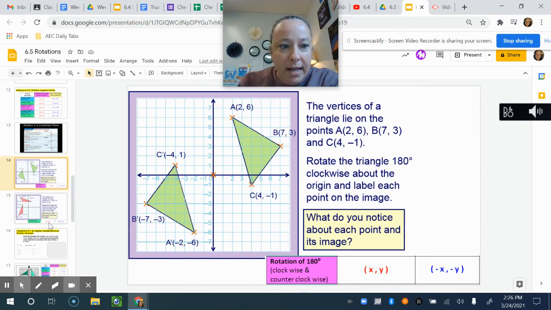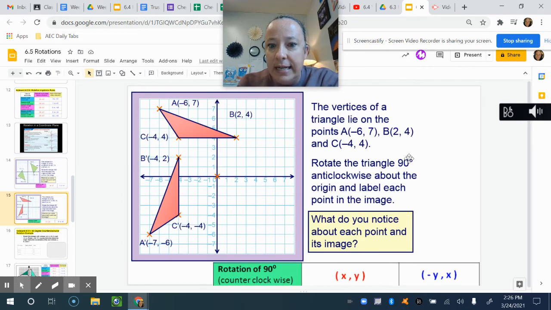Okay. Now, this next one, we're doing a 90-degree anti-clockwise, which means counterclockwise. So I pulled that from note card 210. Here's the rule. So we're switching some things around. Your x is going into the y spot, and your y is going to the x spot, and you're changing signs. So look at A. Your x is going to the y spot, so the negative 6 is going right here.